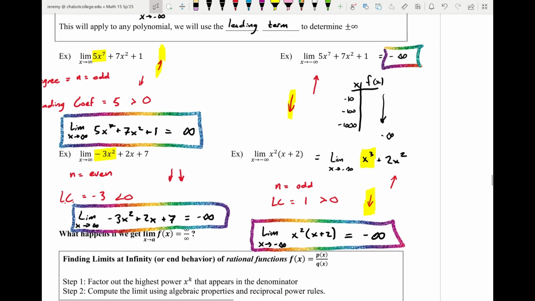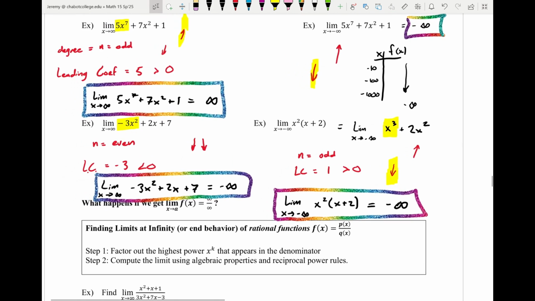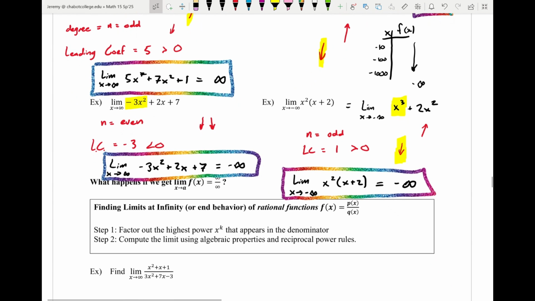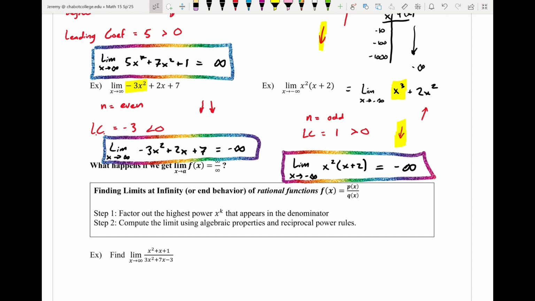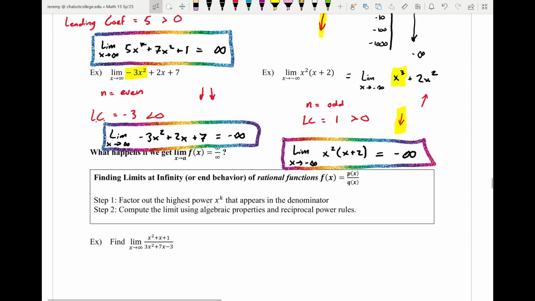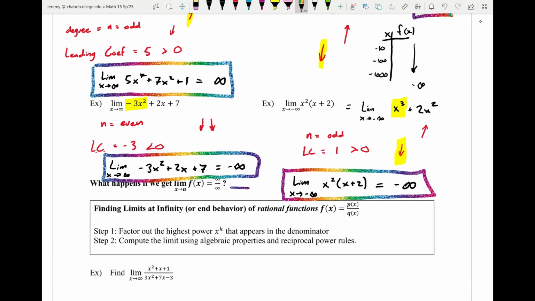Okay, so moving on to the next subtopic here. What happens if we get a limit that is outputting infinity over infinity? This is kind of an indeterminate situation, right?